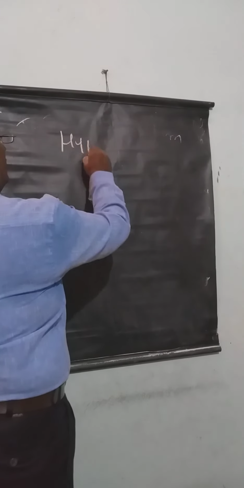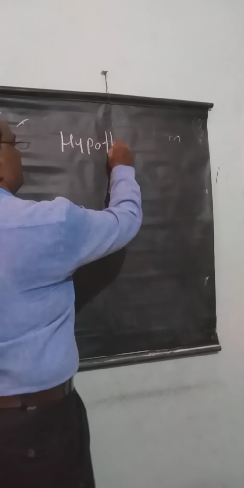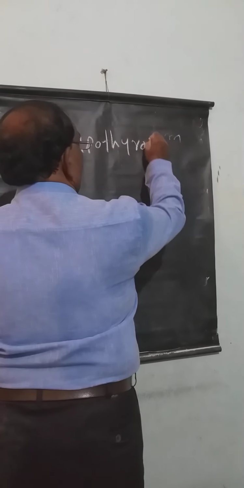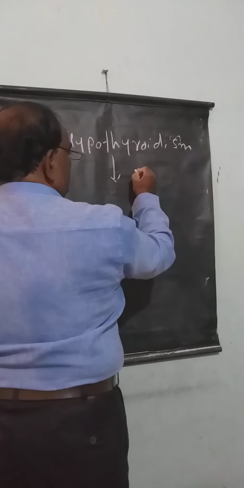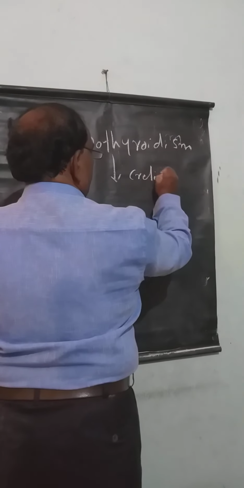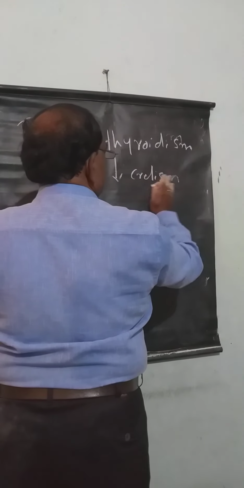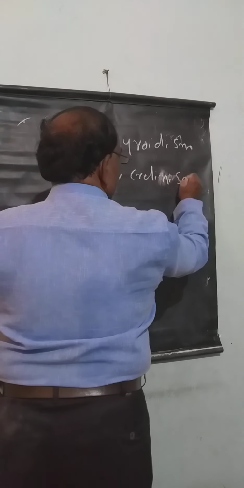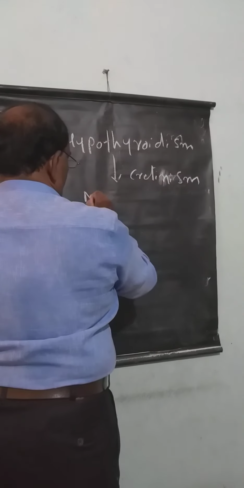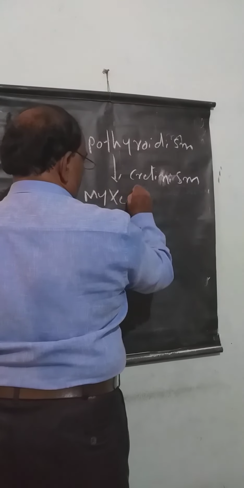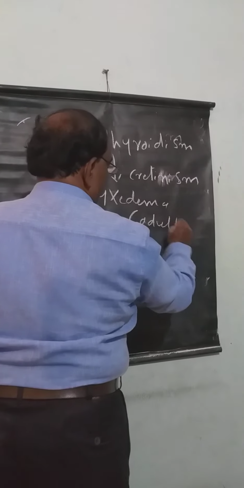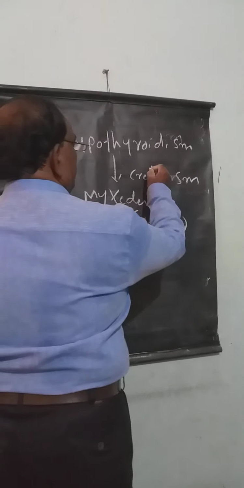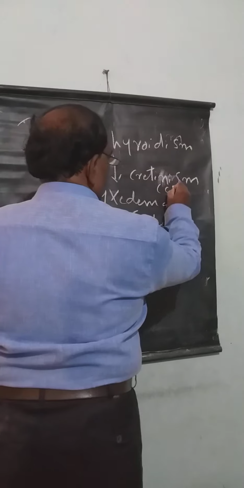Now hypo means less secretion. That is called hypothyroidism. Less secretion leads to cretinism in children and myxedema in adults.